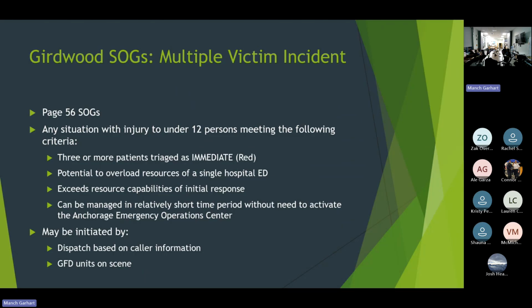We can get 3 air assets here pretty quickly if they're available within about a 30 to 40 minute time frame. That's pretty impressive, to get 3 separate air ambulances with a high level capability, and now possibly with blood, all to come in to assist us for a mass, they say a multi-victim incident.